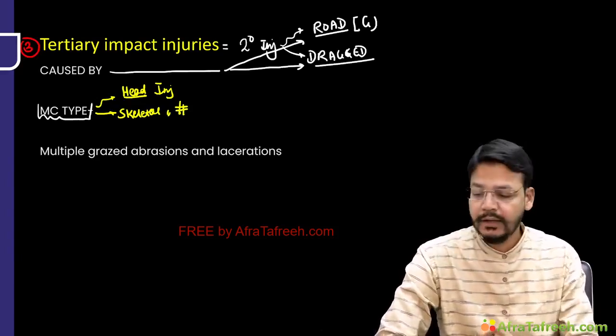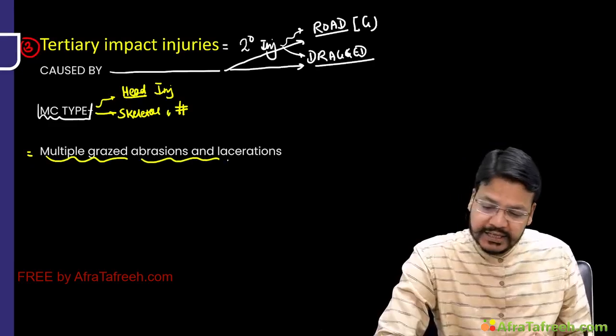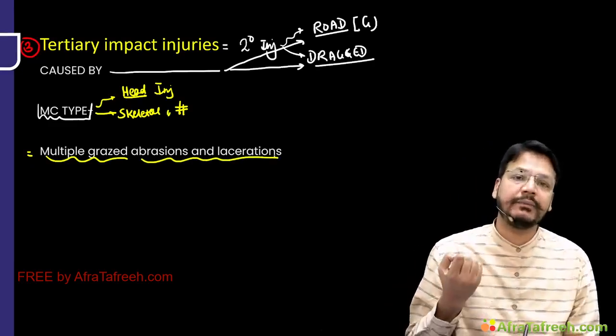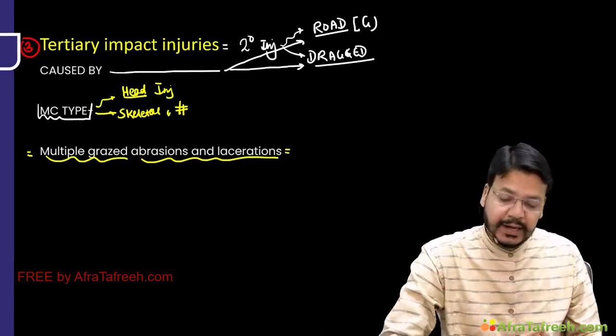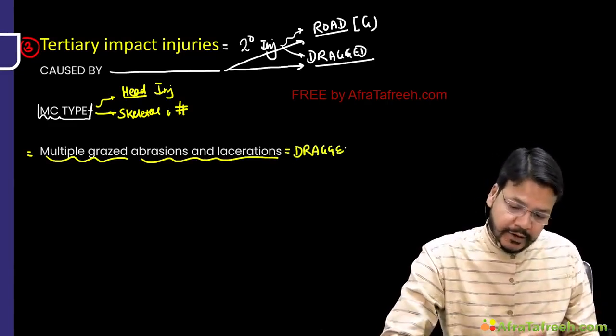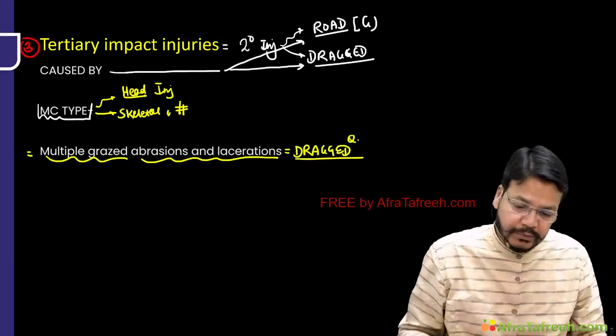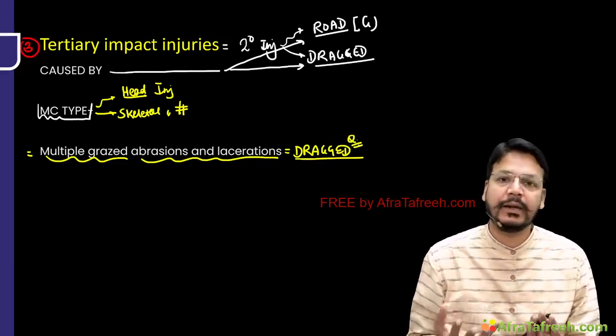Now, my dear friend, you can get a question. Multiple grazed abrasion and laceration are very, very important. And here it is because you are being dragged on the road. If you are being dragged on the road, multiple abrasion and lacerations are a possibility.